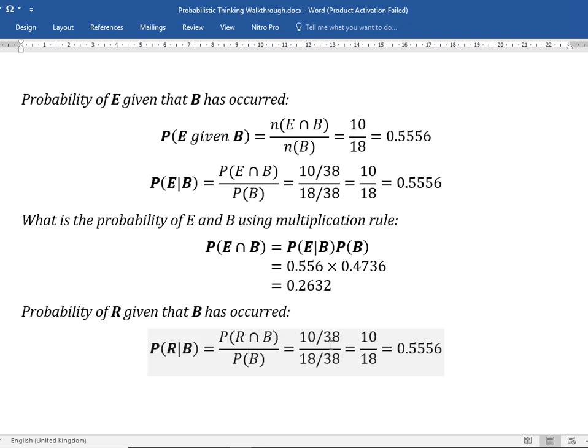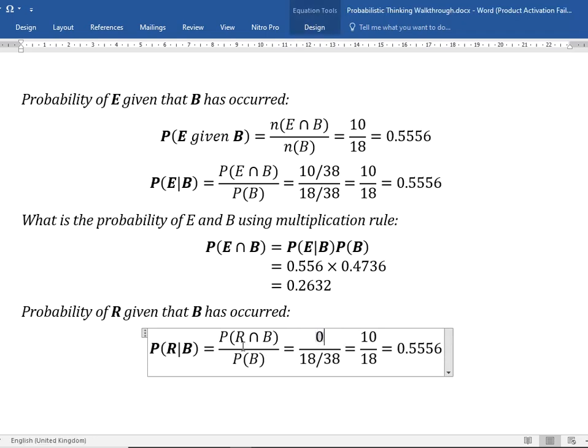Yesterday we got 0. I didn't remember to update all these here. It's supposed to be 0 because R intersect B is 0. R and B are mutually exclusive, so they don't occur together. They don't have areas of intersection, so you cannot compute a probability of red given black. So this is 0 over this, and therefore 0 over this. Everything here is just 0.